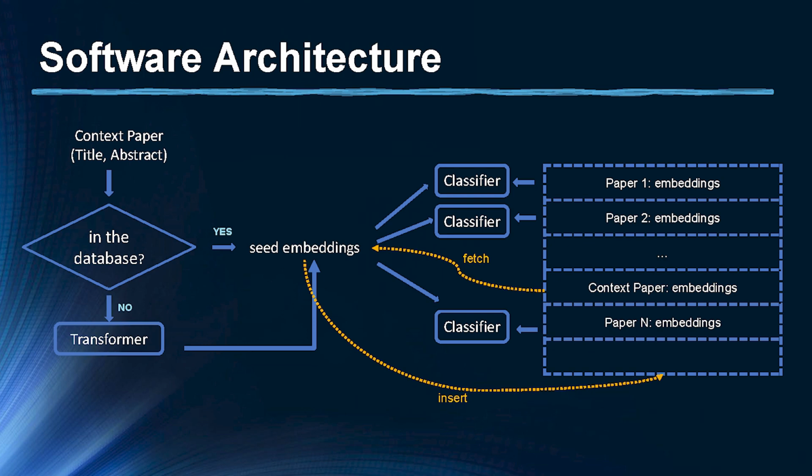Otherwise, we call the trained transformer to calculate the embeddings first and then insert them back into the database. After we get the input embeddings, we compare them with all the embeddings in the database for the binary classification. Our classifier will return a confidence as well, and that value is used to determine the top K recommendations.